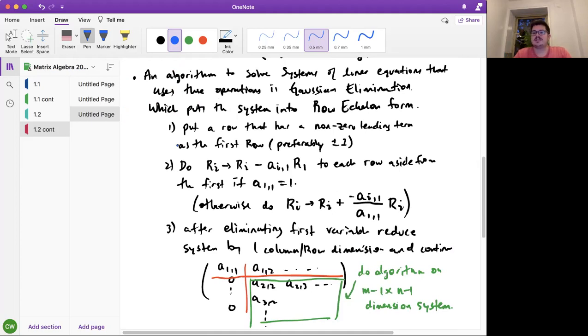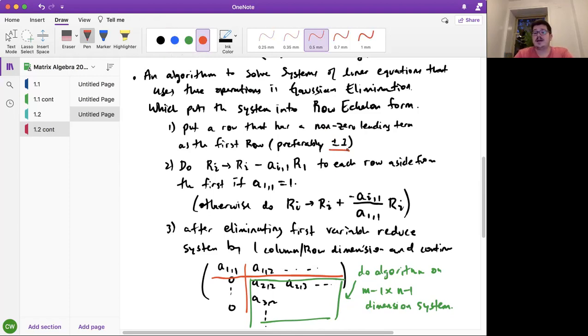A good row is obvious. First of all, you can't have a leading zero, because then you can't eliminate, since there's nothing to use to eliminate. And preferably you like plus or minus ones, because it makes elimination a lot easier.